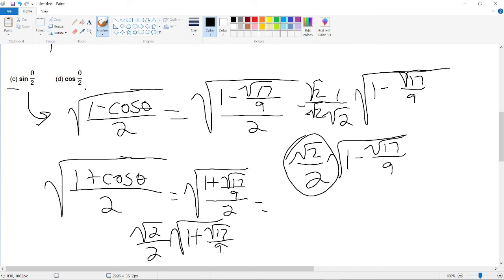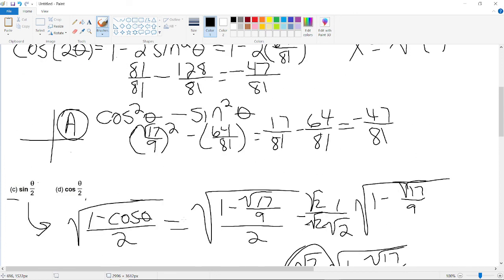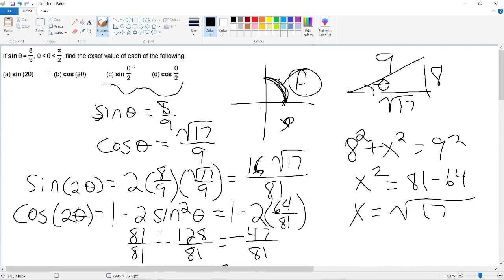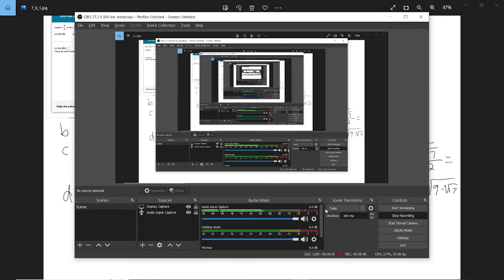I mean, you can write it like this: square root of 2 times the square root of 1 plus square root of 17 over 9, all over 2. Either way, it doesn't matter how you write it. However, I don't know how the computer takes it. But there, we found the cosine of pi over 2, sine of pi over 2, sine of 2 pi, cosine of 2 pi. That is 7-6, number 1.